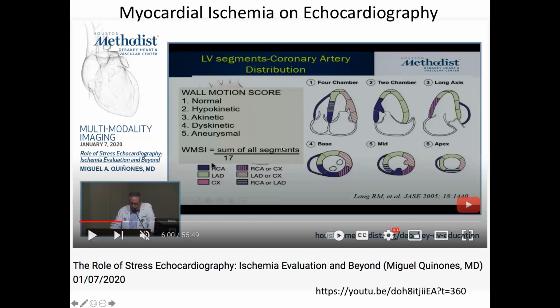And then you come up with this wall motion score index. If it's like 17 times 5 over 17, you got a problem, right? If it's basically 1, you're good. Every segment's good.